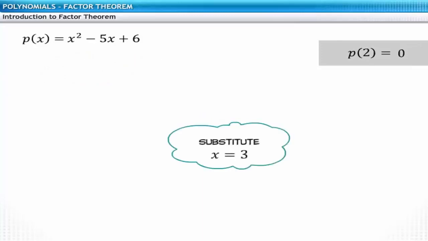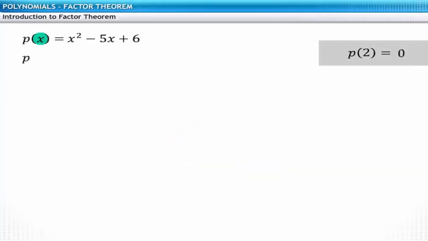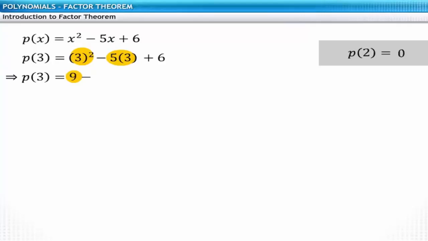Similarly, we'll substitute x equal to 3 in the polynomial. We get P of 3 equal to 0.